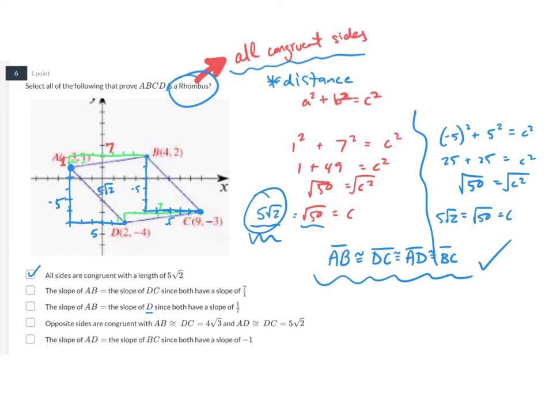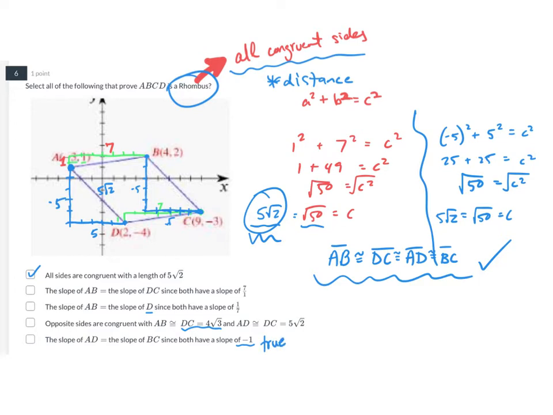Okay, so the opposite sides were congruent, but DC and AB were not 4 radical 3. So that's just wrong. The slope of AD equals the slope of BC. That doesn't make sense either. And they both have a slope of negative 1. Well, they might. Actually, they probably do. Yeah, they do.